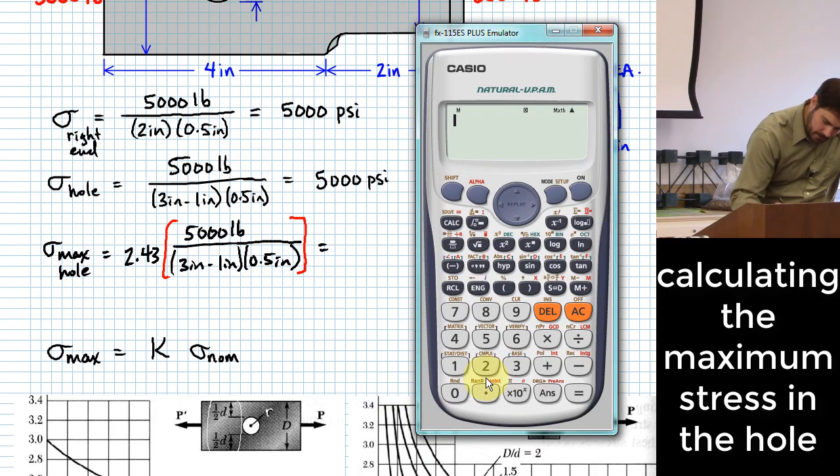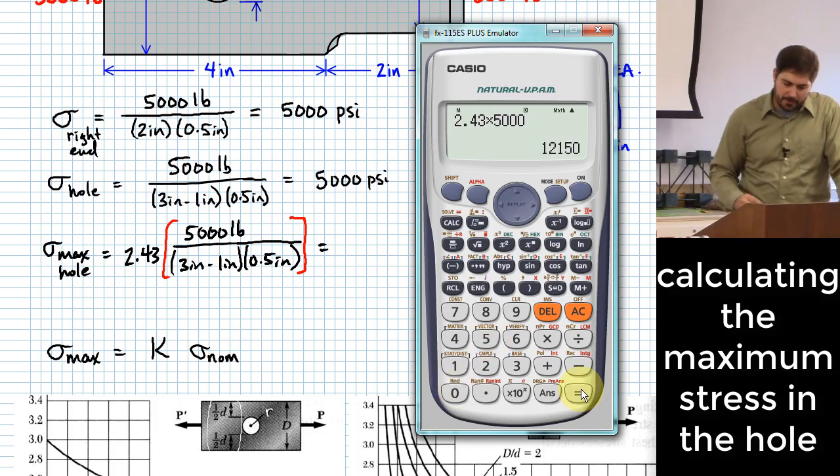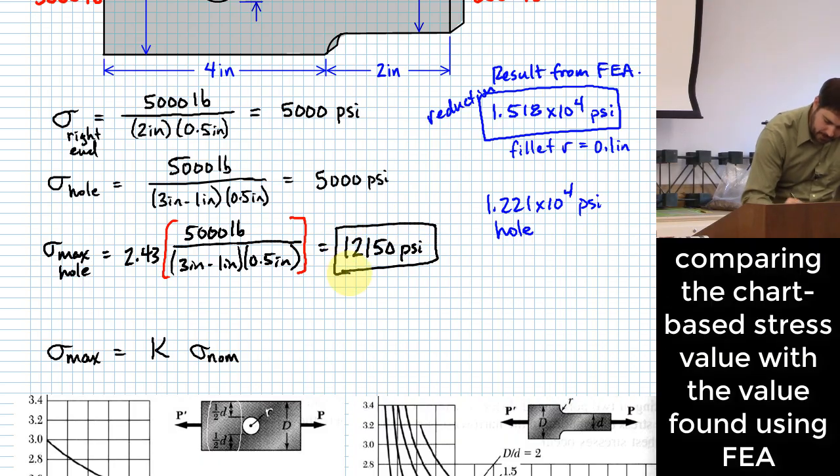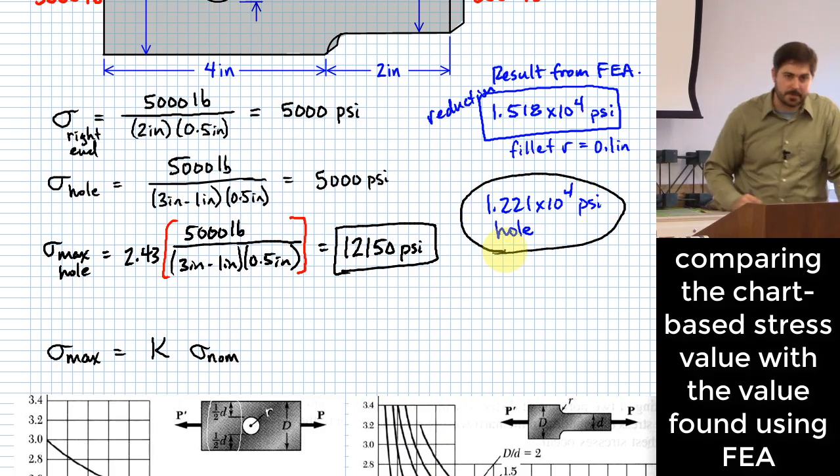So 2.43 times 5,000, we already calculated that, 12,150. Does that look relatively close to what we came up with using SolidWorks?